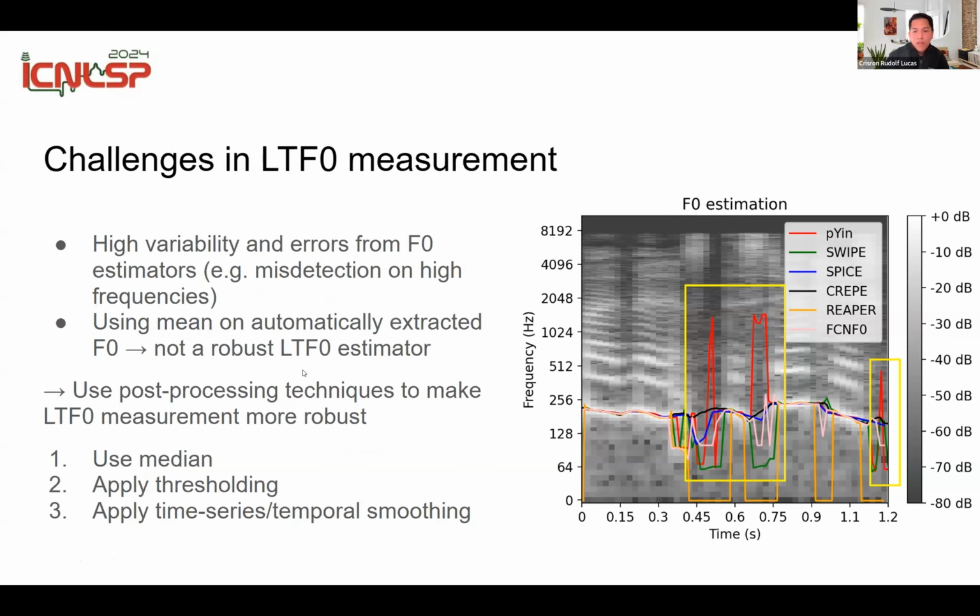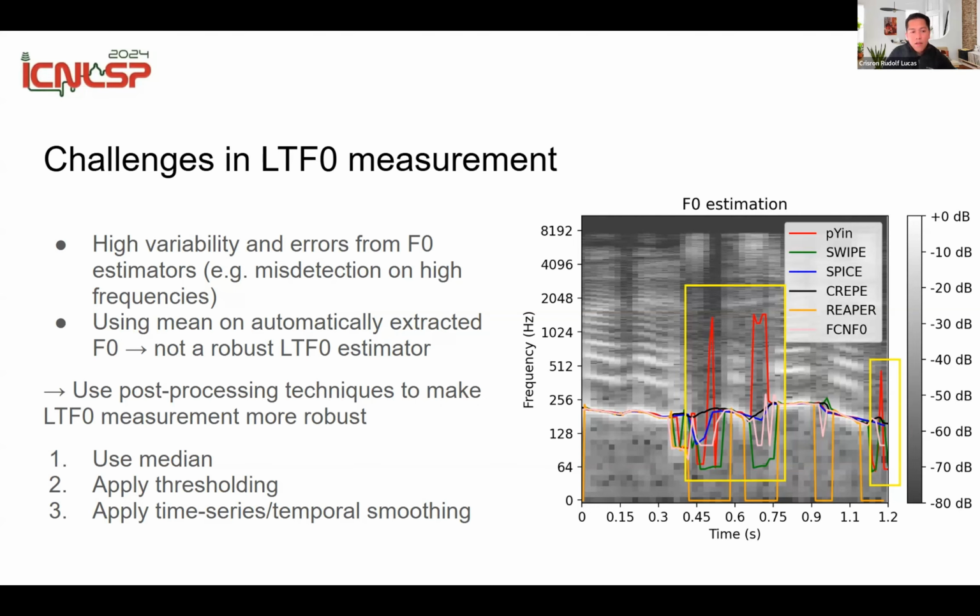Now, as I've mentioned, there are already high variability and errors in the state-of-the-art and popular F0 estimators. And using the mean on that, especially when you have high-frequency misdetections, would lead to an estimate that is not robust or is inaccurate. So in this paper, we're trying to use post-processing techniques. There are three identified techniques.